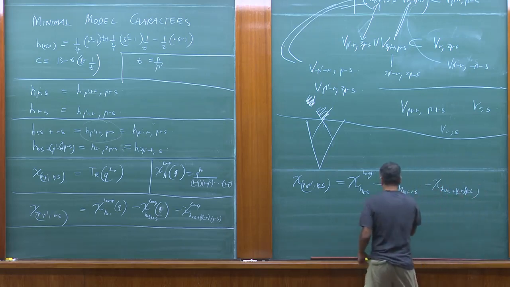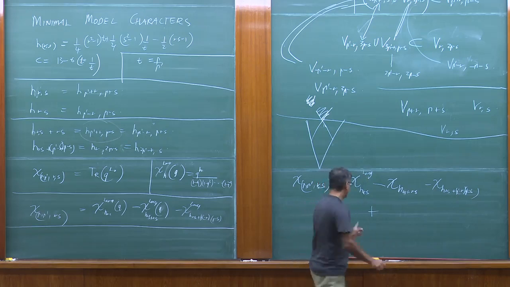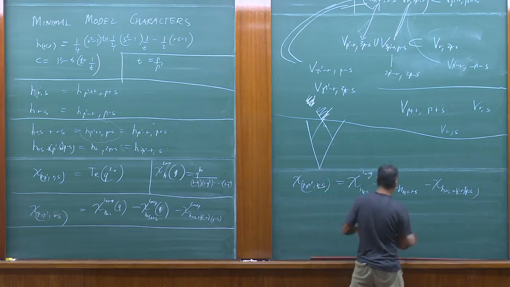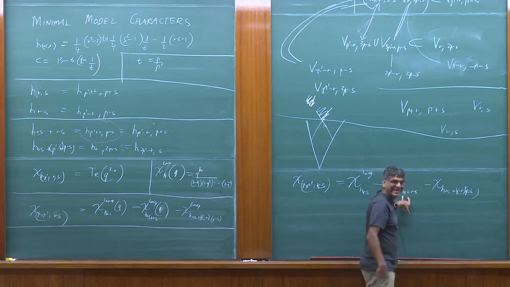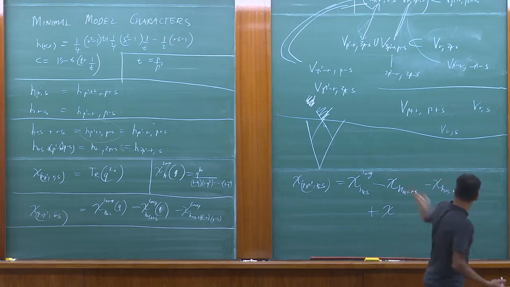Then plus two characters, plus characters at the null states of this guy, which is the same numbers as the null states of that guy. Minus two characters and so on. So you just keep going.